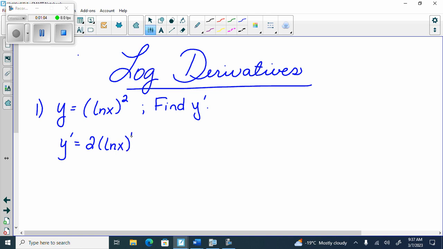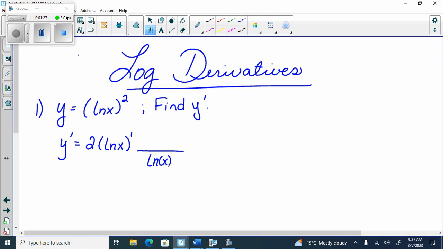Now we have to do the derivative of a ln. A ln or a log, they're all the same. A ln is just log base e of x. What you do is you rewrite it in the denominator. You're going to get a fraction every time you take a derivative of a ln. So you rewrite it in the denominator.